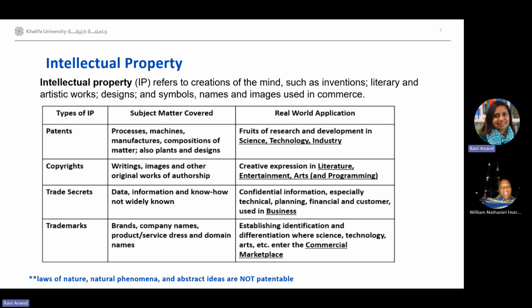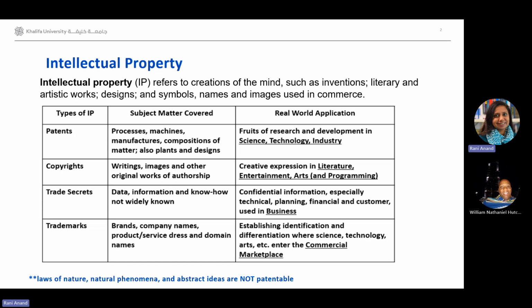This is confidential information, especially technical, planning, financial, and customer information used in business. For example, the composition of Coca-Cola is a secret, and the composition of KFC is a secret. These are trade secrets so that nobody can duplicate or rework them.